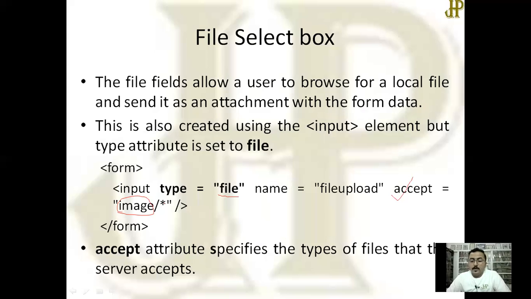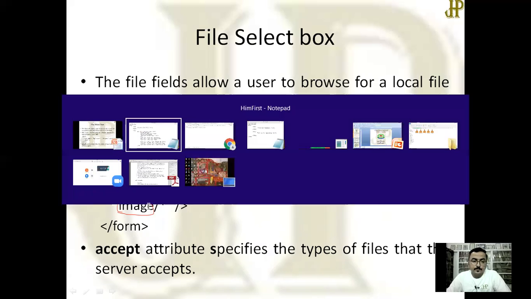If you can upload anything, then you have to put asterisk here also. Clear? Asterisk dot asterisk. So the name of the file, type of the file can be anything, and extension of the file can be anything. Clear? I'm going to show you.